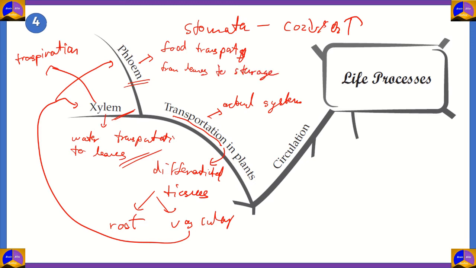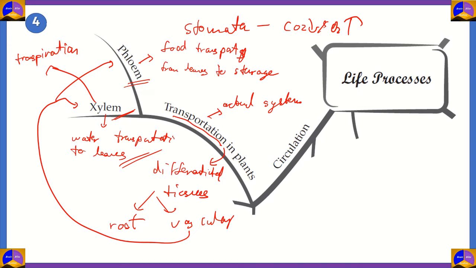Some store them in the roots, others store them in underground stems, and so on. So wherever the storage place is, it's very important that food gets there. Some of it is used by the plant, yes, but most of the food is stored. So the phloem is a very important vascular tissue that takes food towards its storage areas.